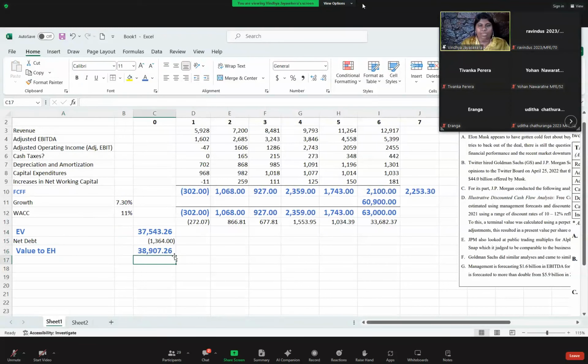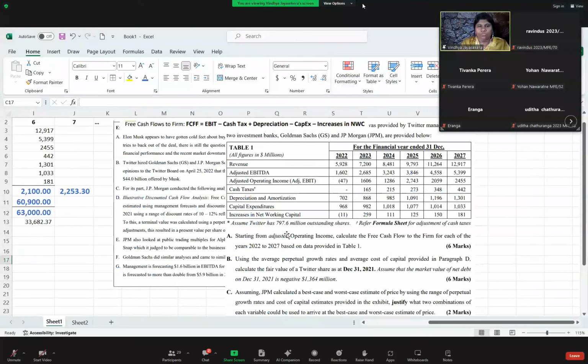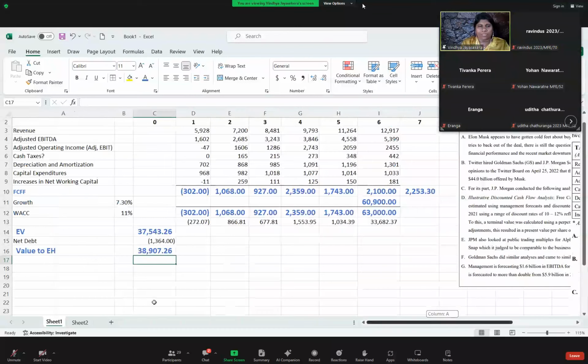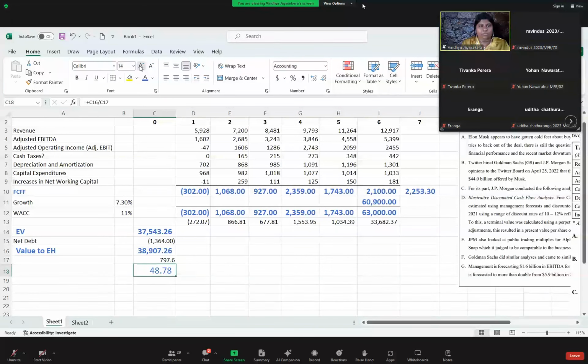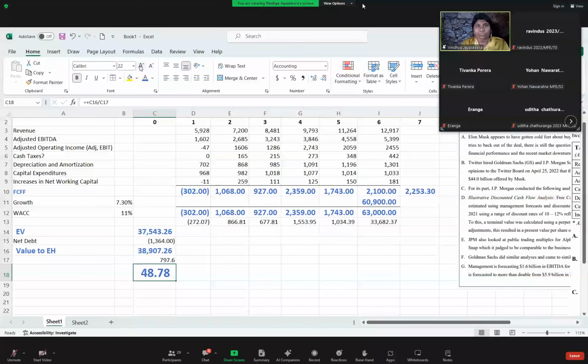And the final point is to look at the per share value. Assume 797.6 million shares. So you get 48.78. That is one price in our valuation, right?